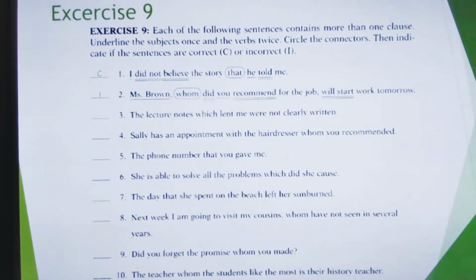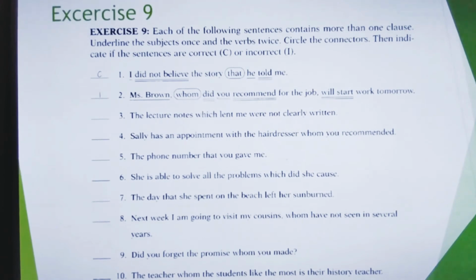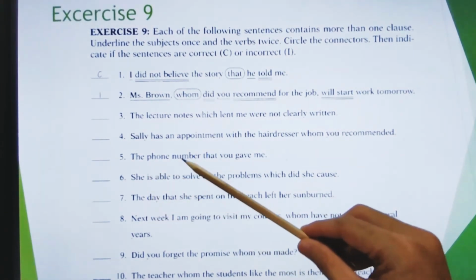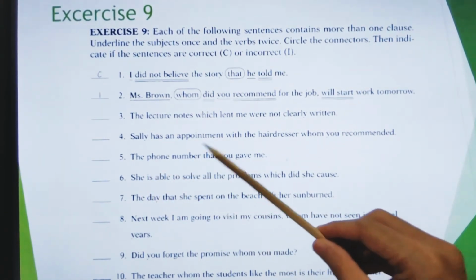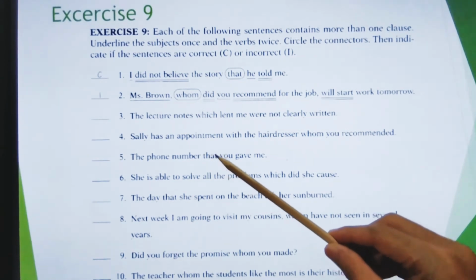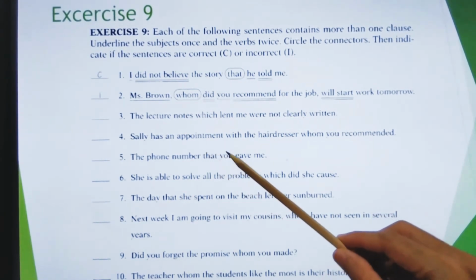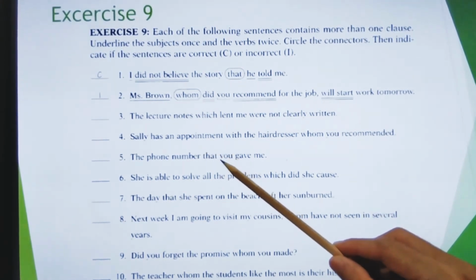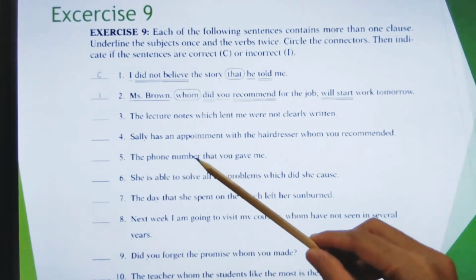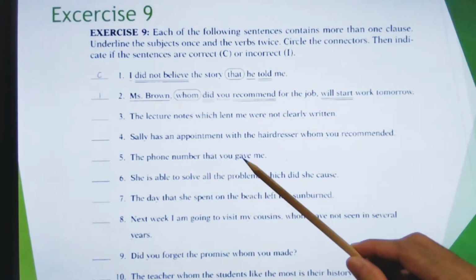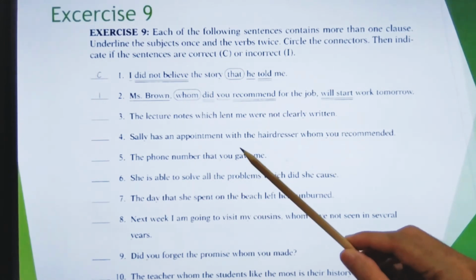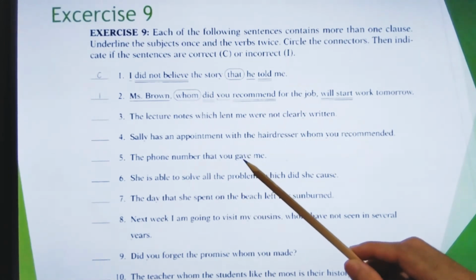The number that you gave me. Subject. Okay. So connectors, make a circle, followed with a dependent subject. Okay, good. You gave me. But the question is, where is the main verb? This is a dependent verb, but where is the main verb?